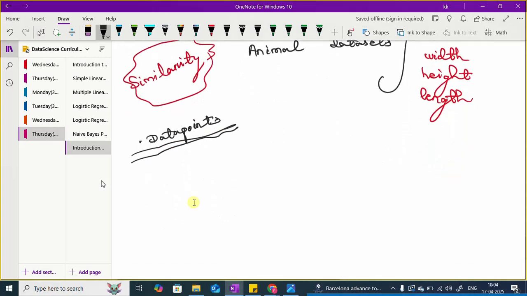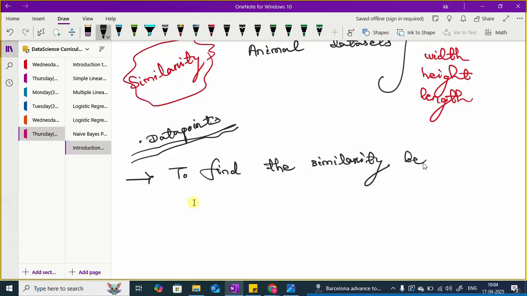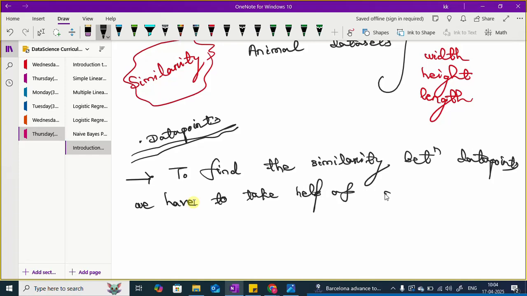To find the similarity between data points, we have to take the help of distance measurement.